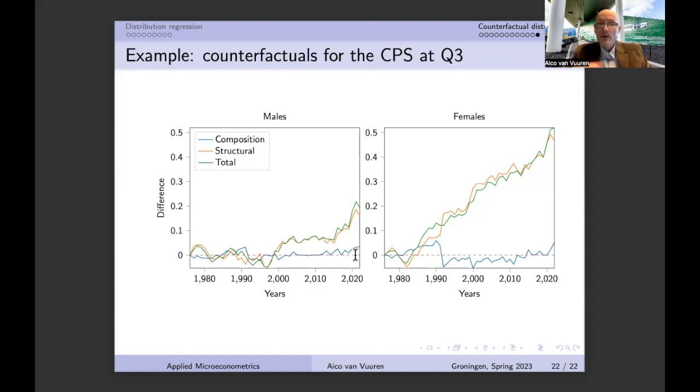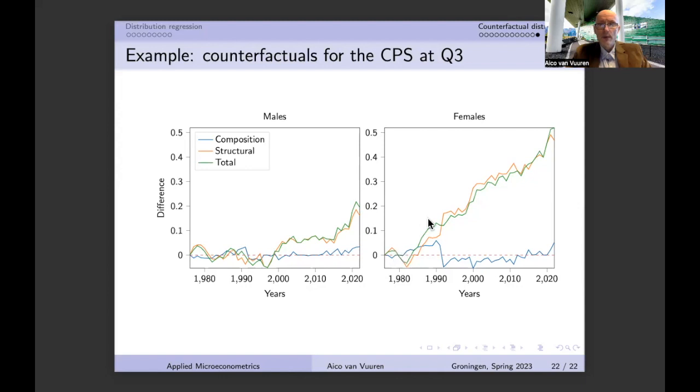Therefore, there was not really a composition effect because they didn't change their composition. They still had exactly the high education level that they started with in 1975. And that's the reason why the total effect is almost identical to the structural effect. We see more or less exactly the same thing for women.